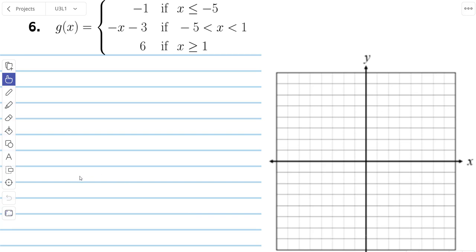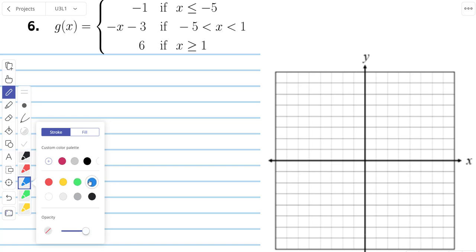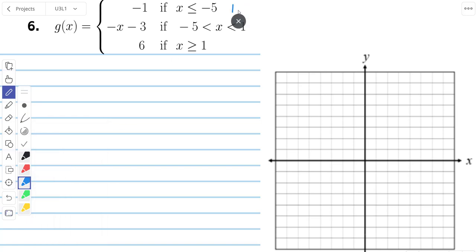And so now, on number 6, what's different here is we now have 3 lines. So let's take it and we're going to do the same as we started off last time. This is going to be to the left, and it's going to be a closed dot.